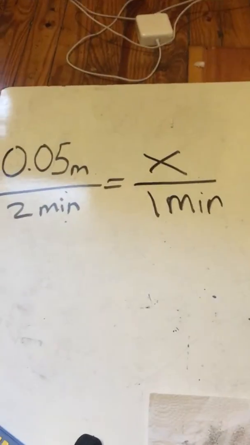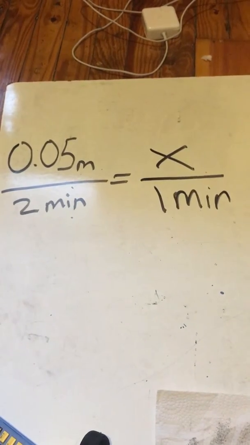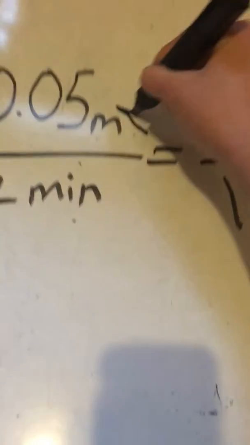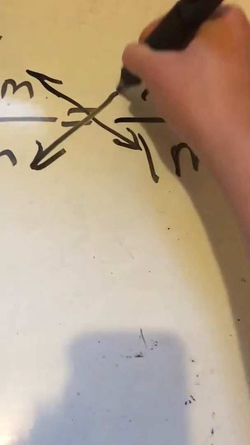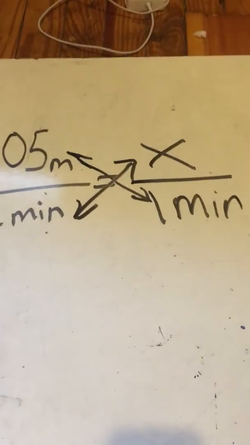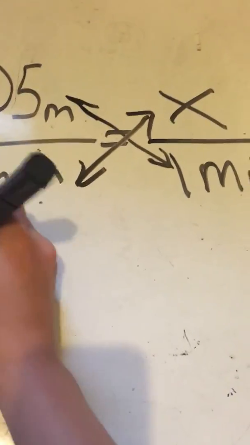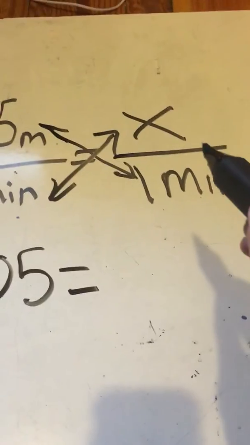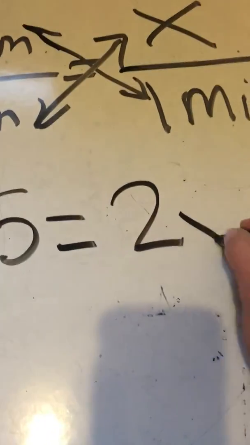So this is how I set up my ratio. Now I'm going to go ahead and cross multiply. 0.05 times 1 minute leaves us with 0.05. 2 minutes times x will give us 2x.